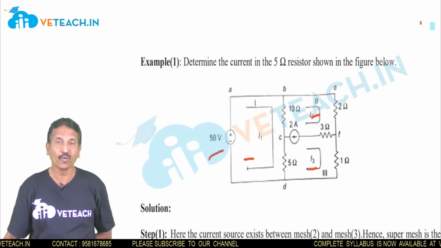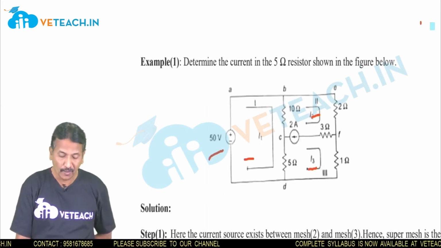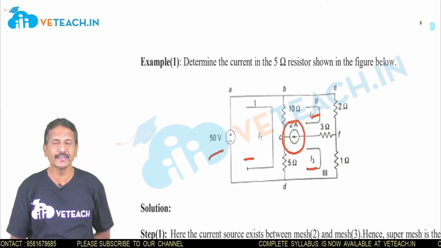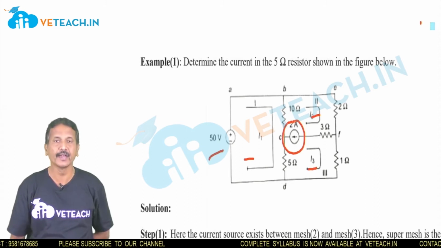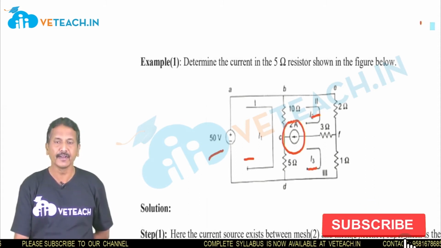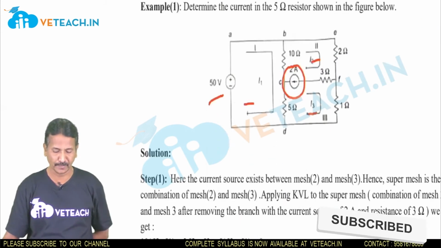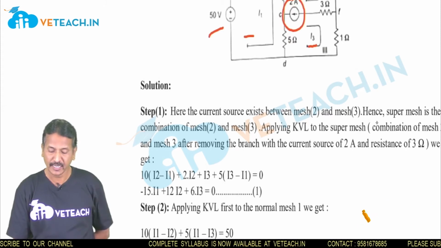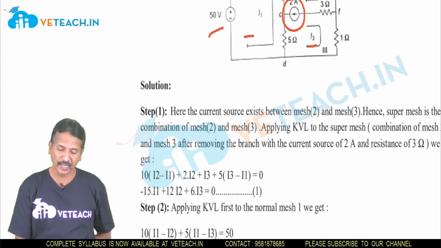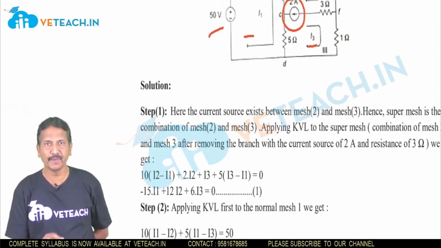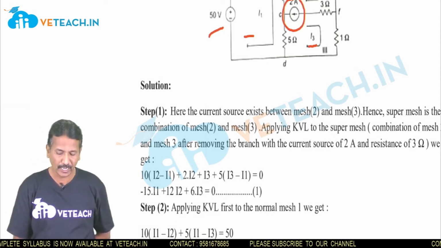First of all, we have to see where we have a common current source. The source is in between mesh 2 and mesh 3. What is the current source here? It is 2 amps. The current source exists between mesh 2 and mesh 3, hence the super mesh is the combination of 2 and 3. As already explained, by applying KVL to that super mesh, what happens here?